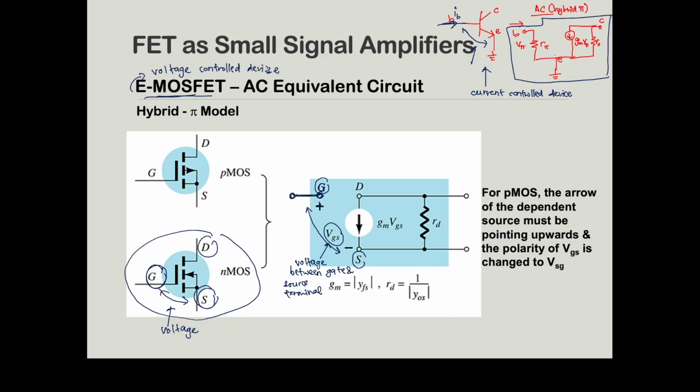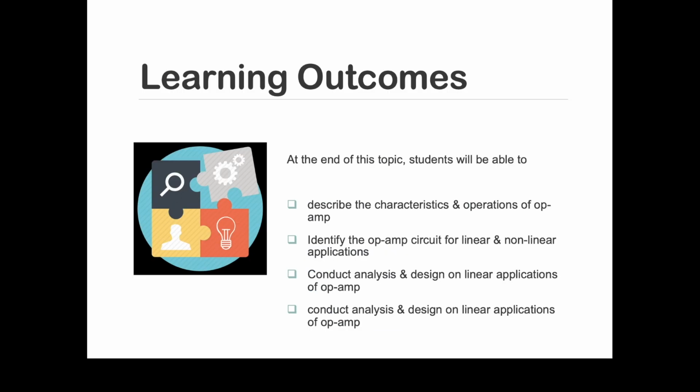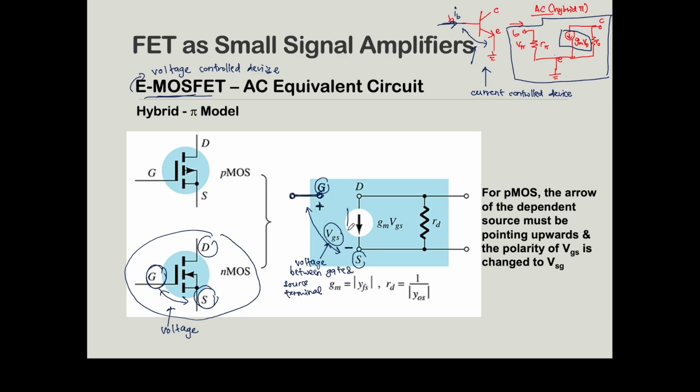And then, same as BJT, we have a transconductance. So here also we have a transconductance, which is GM VGS. In BJT we have GM V pi because across the transconductor we have V pi, so at the collector we have GM V pi.